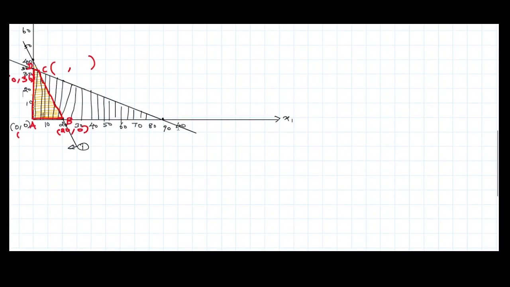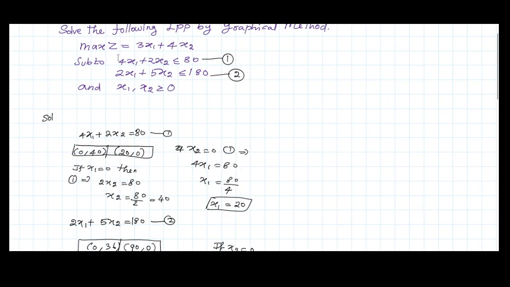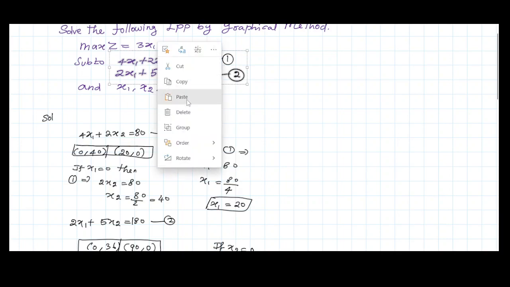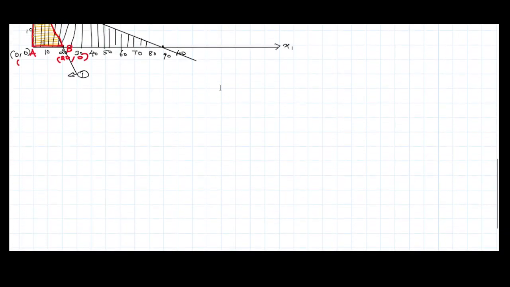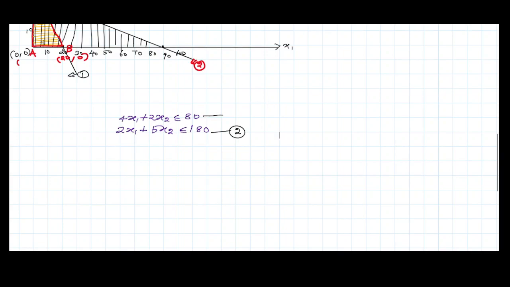In step number 3, let us identify the intersection of these two lines, which is C. Let us consider these two to be equations.